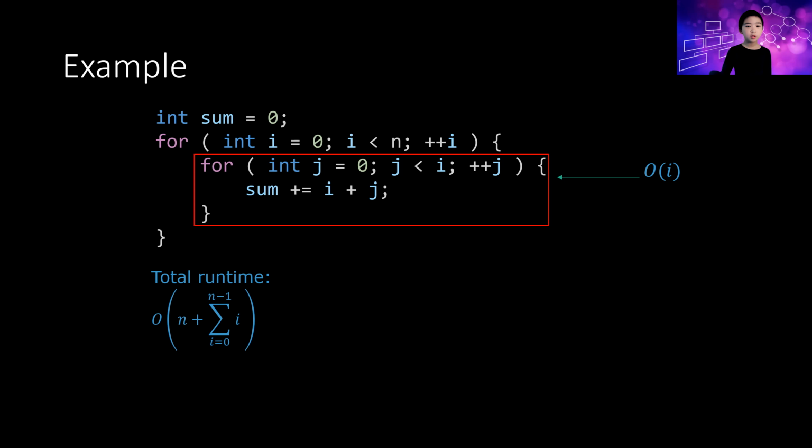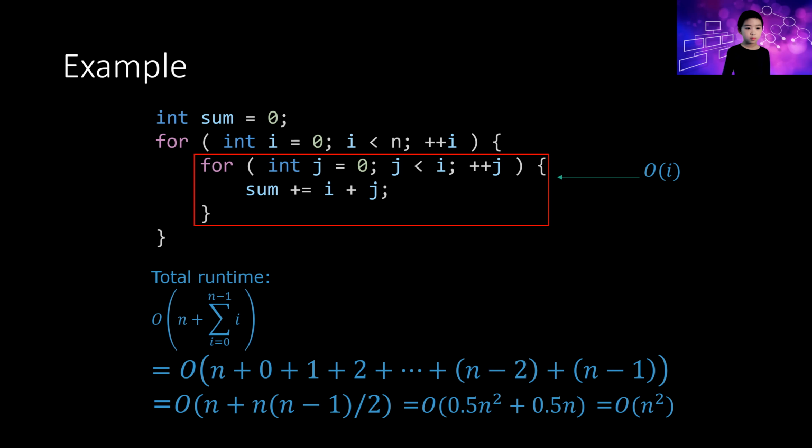So we have the total complexity as in the order of n plus a summation of I, where I is from 0 to n minus 1. Let's expand and calculate this summation. By keeping the most dominant term, n squared, and skipping the constant factor, we can simplify the big O notation to O n squared.